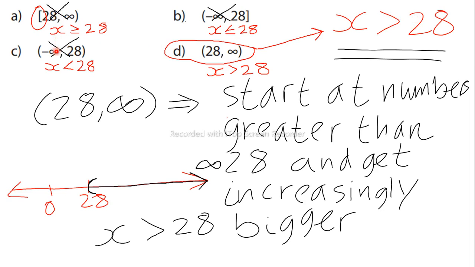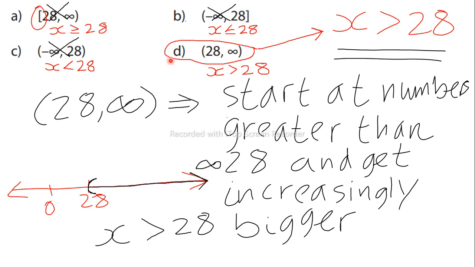And if we look at C, you'd have to think about this one for real, because this one is not a clear identification, but you could kind of see it too, because we are starting at smaller numbers and getting to 28. Or you can think of it as starting at 28 and getting smaller. So it cannot be this, because we're trying to get bigger. You have to automatically X out B, because we have a bracket here which symbolizes that we include 28, but clearly we don't include 28.